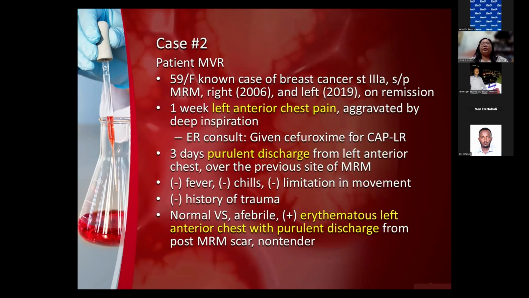Three days after consultation, she complained of a purulent discharge from the left anterior chest over the previous site of her MRM. But she denied presence of fever, chills, limitation in movement, and there is no history of trauma. On physical examination, she remained to have normal vital signs and was afebrile, but with erythematous anterior chest with purulent discharge from the post-MRM scar, and was non-tender.